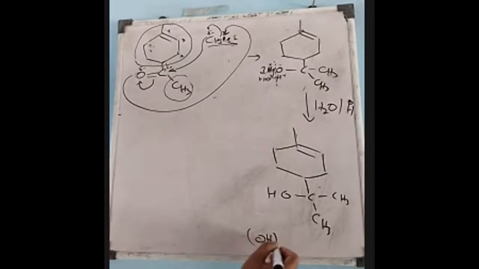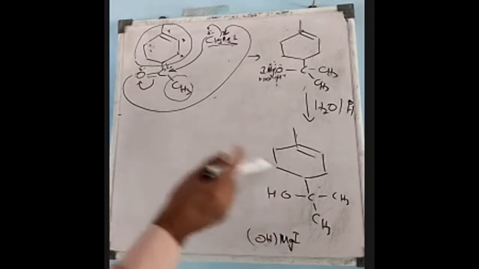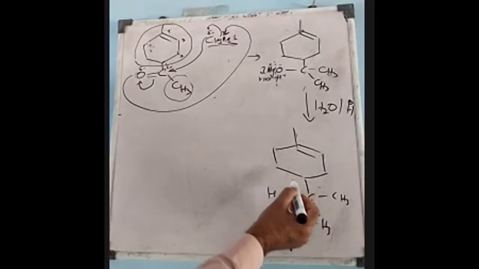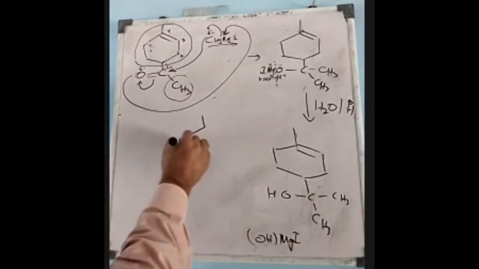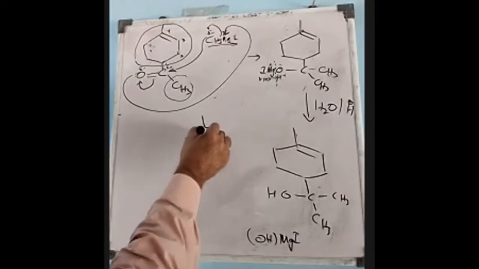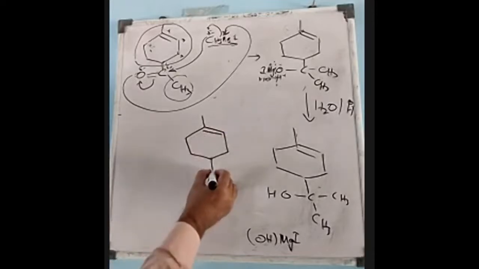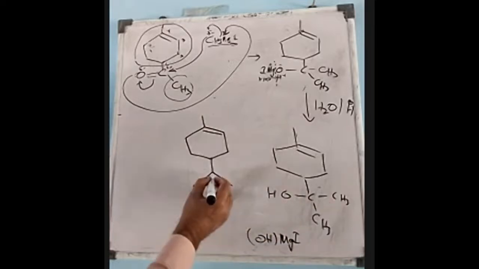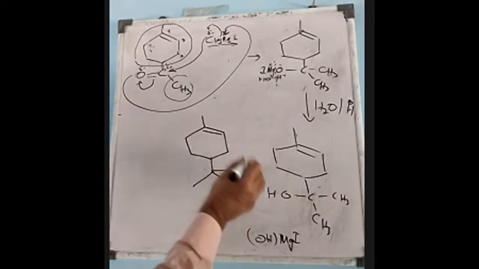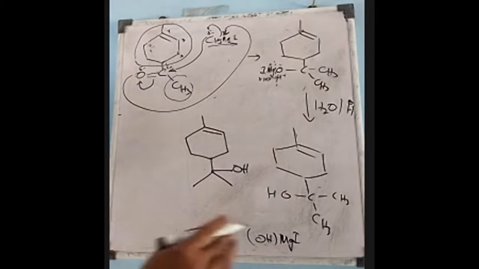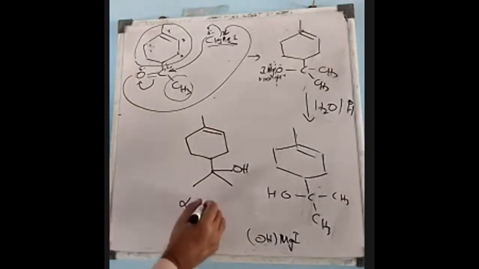So now our compound is this compound. If I write this compound in a different way of presentation, here I write this carbon, two methyl groups, and this OH. This is a tertiary compound. This is alpha terpineol.